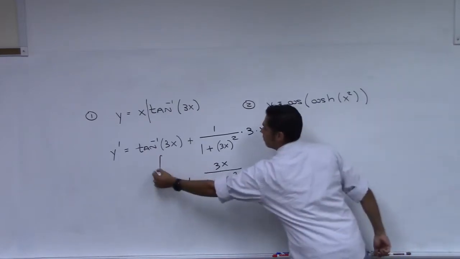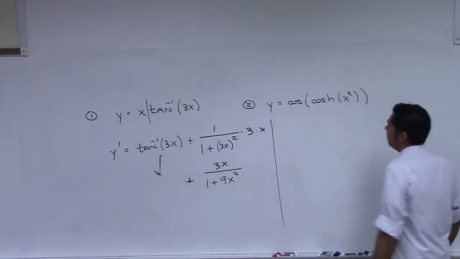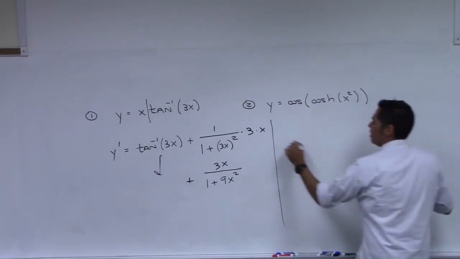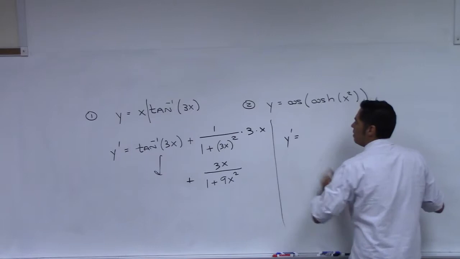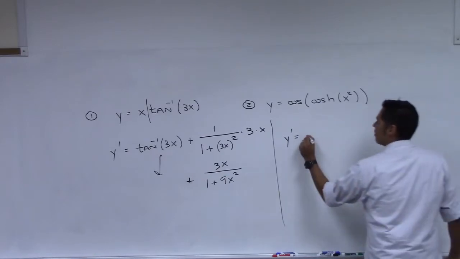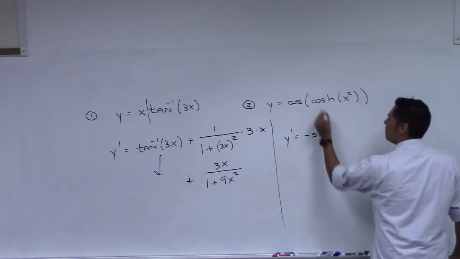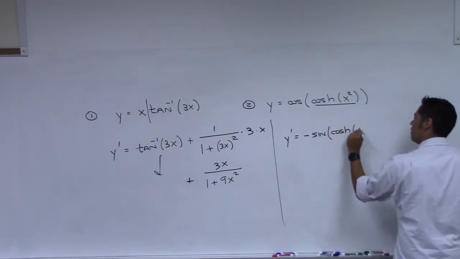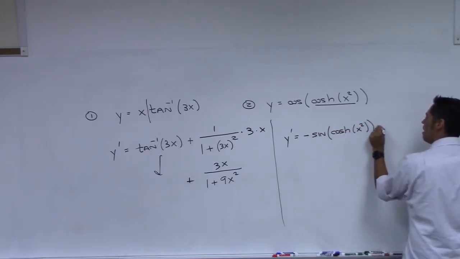And then this one out here. Second one, this is not a product rule, this is composition, right? So you take the derivative starting with the outer function, and the outer function here is cosine. The derivative of cosine of something is negative sine of it. So we're going to have negative sine of cosine hyperbolic of x squared, times chain rule.